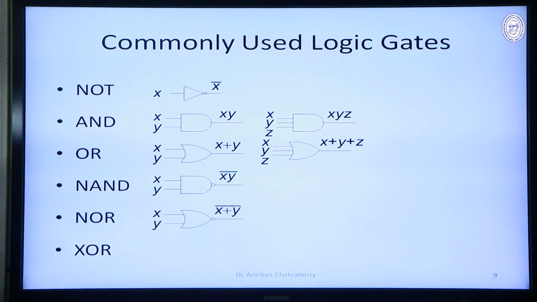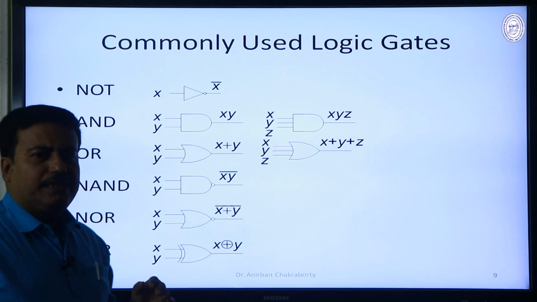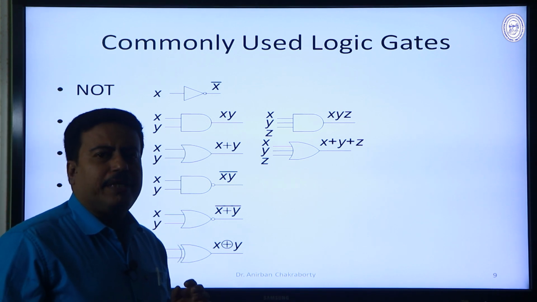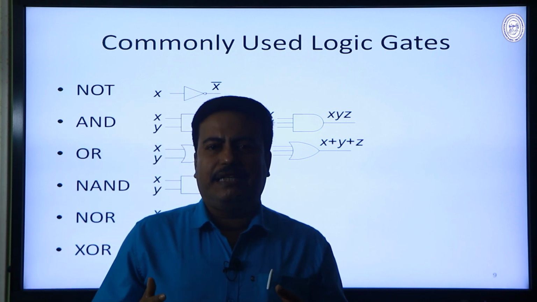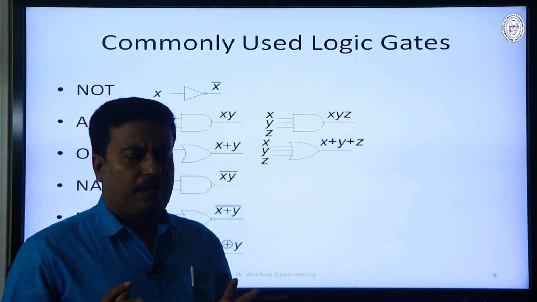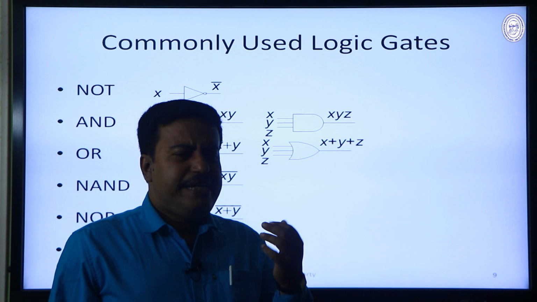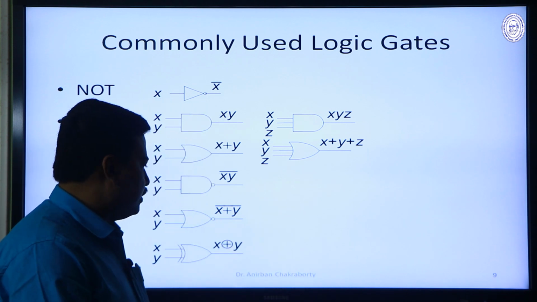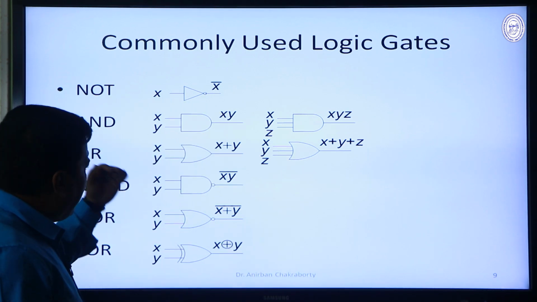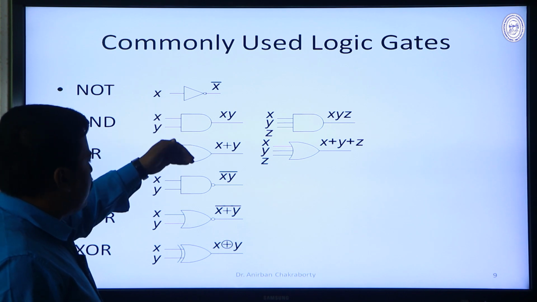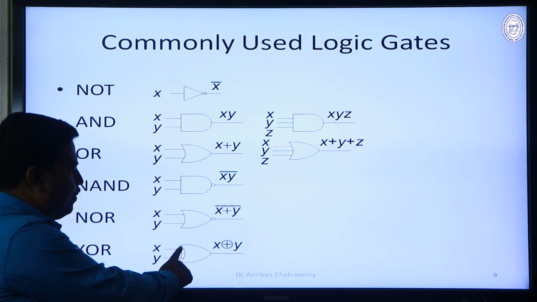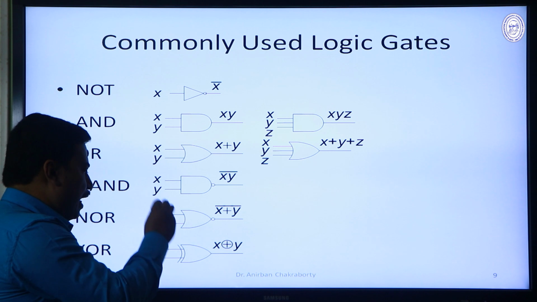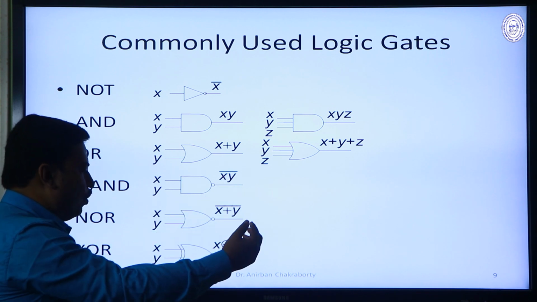Final one is XOR. To determine the output of the XOR gate, we have to mention one property. Its name is parity. Although the term seems quite new, it is not a very hard concept. Like AND, OR, NAND, here also the number of inputs is 2 or more.